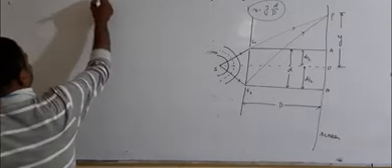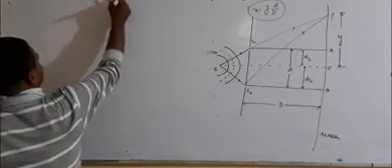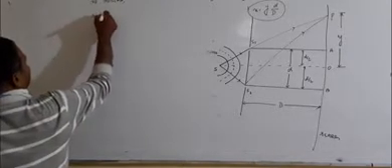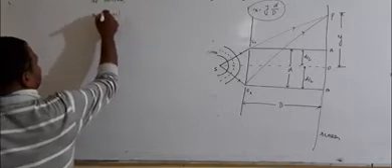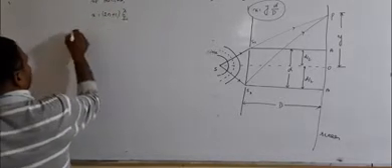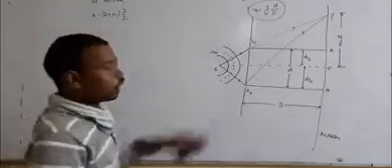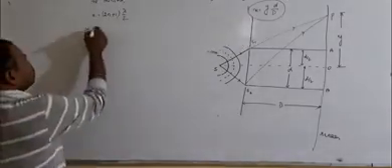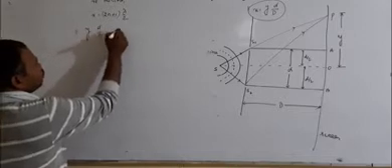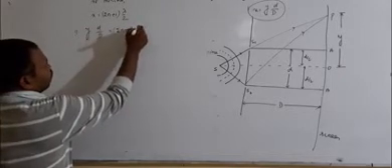Now we are finding the condition for minima. For minima, your path difference should be an odd multiple of lambda by 2. We have already calculated x equal to yd by D. Put the value: yd by D is equal to (2n plus 1) lambda by 2.